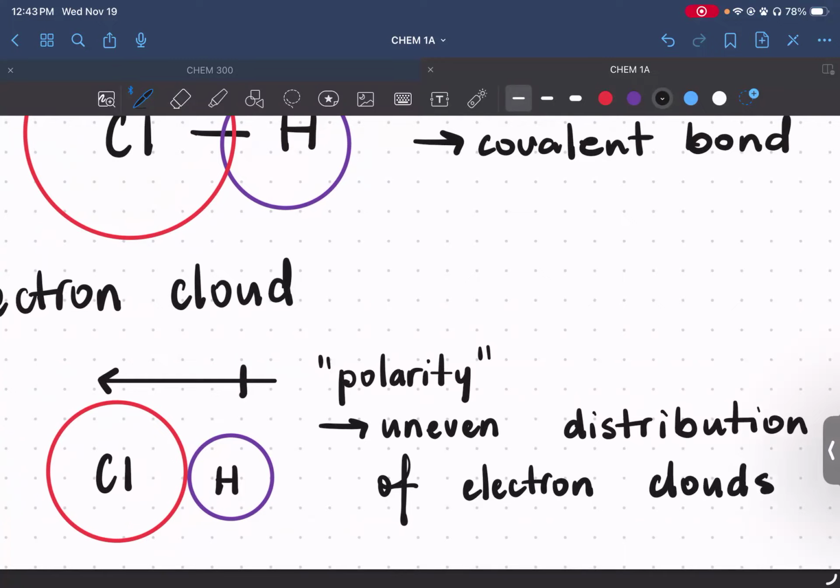And the term polarity arises from the general vernacular of there being a North Pole and a South Pole.